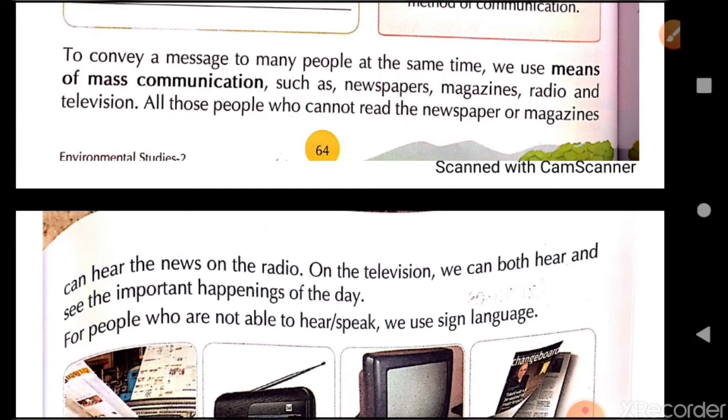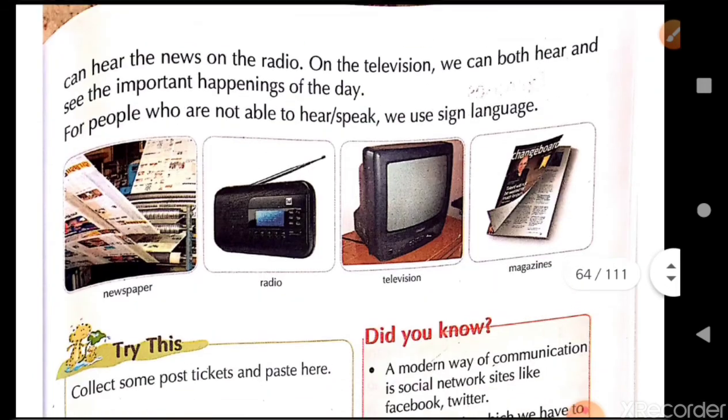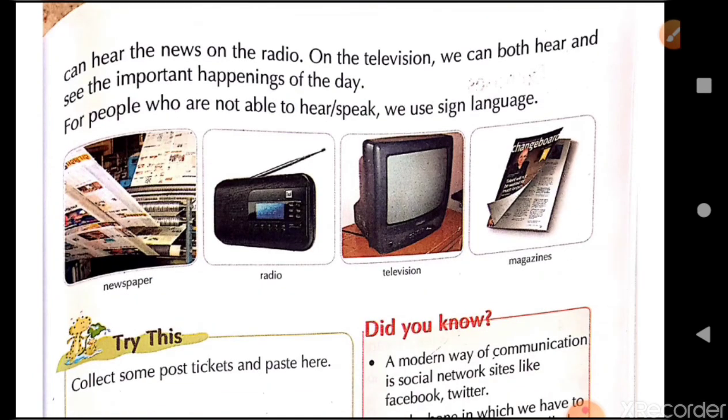Okay, so these are some means of mass communication: newspaper, radio, television, magazine. Like mobile phone is a means of communication, but it is not a means of mass communication. You talk to someone, you can talk to anyone sitting in any corner of the world.